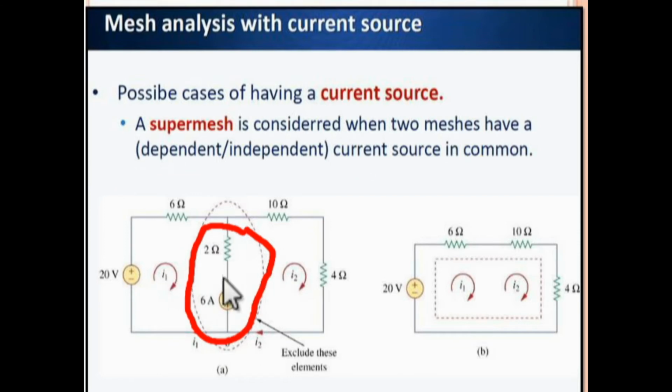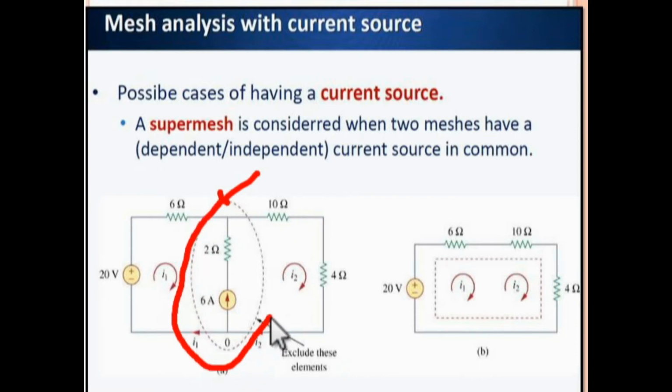So guys, we have to exclude these elements basically, and whatever resistance is connected in series with this current source also gets excluded. Okay, so the whole branch will get excluded from here, and then we will write KVL.